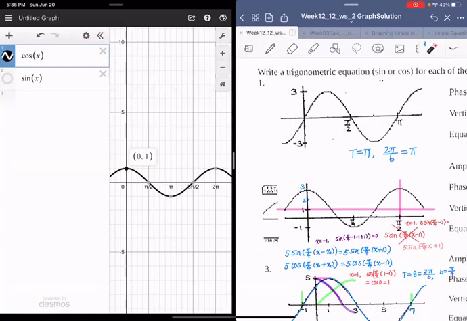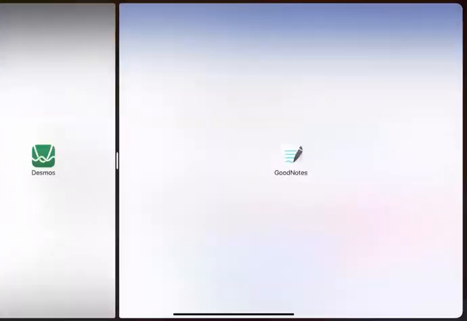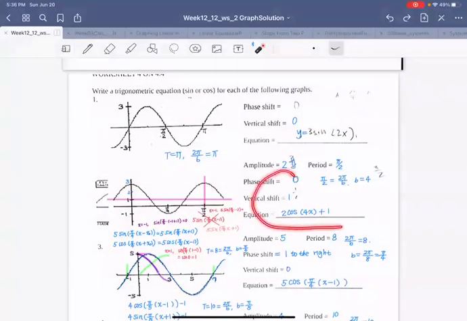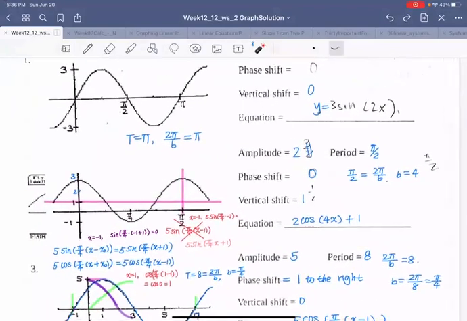Alice, you want me to repeat the second graph, right? Ling Lu, go ahead. Tell us how we do the second question. Okay, what you look at first is the midline, and the midline in this one is 1. So you would be adding 1 to the end of your equation. And then you look at the amplitude: the top of the graph is 3 and the midline is 1, so you subtract those two to get 2.